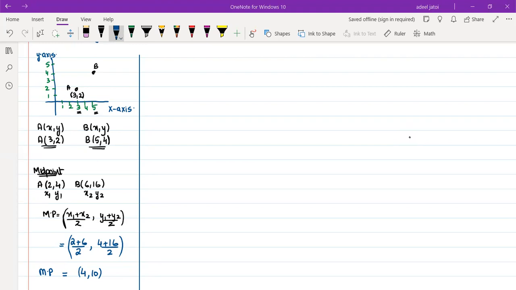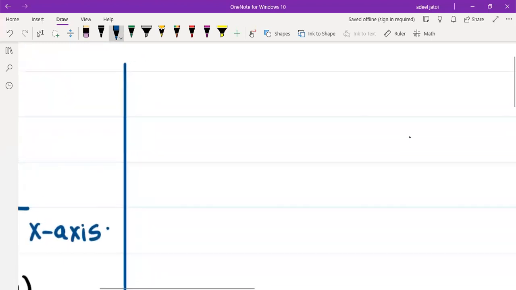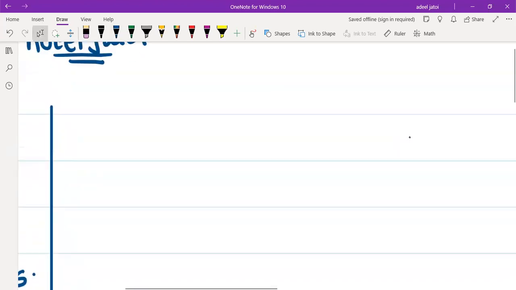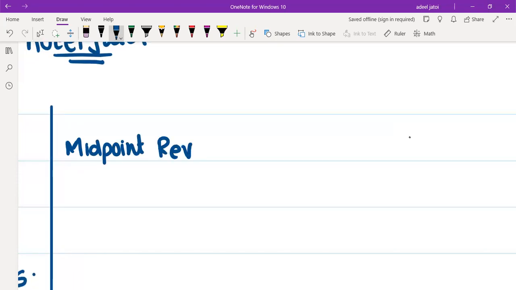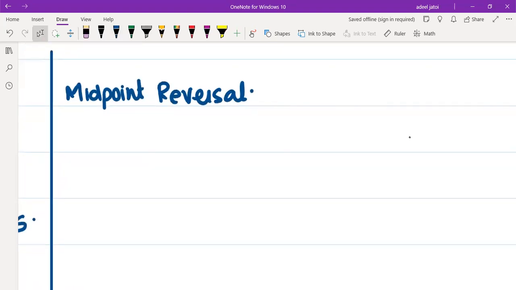Now, there is another thing that you should be knowing about midpoint, which is midpoint reversal. Now, what does midpoint reversal mean? When the examiner asks you midpoint reversal, that means the question will give you a coordinate.